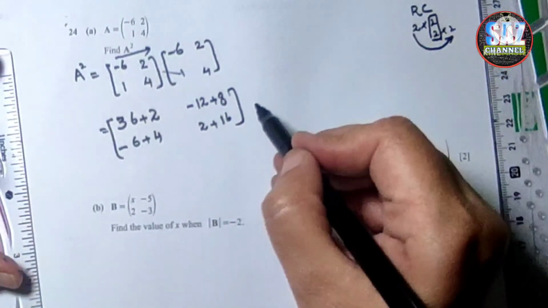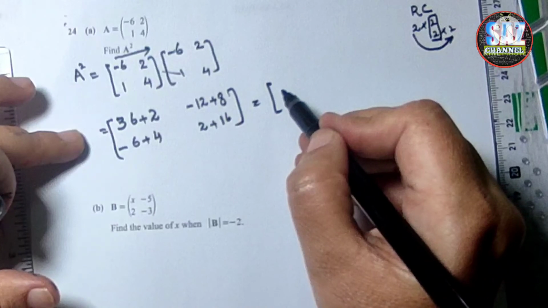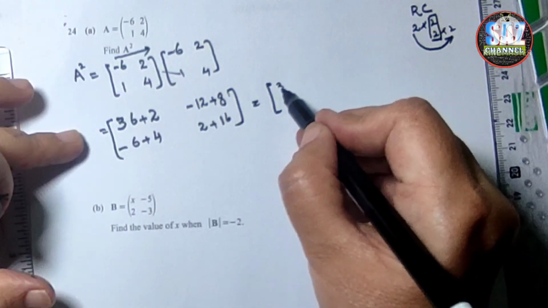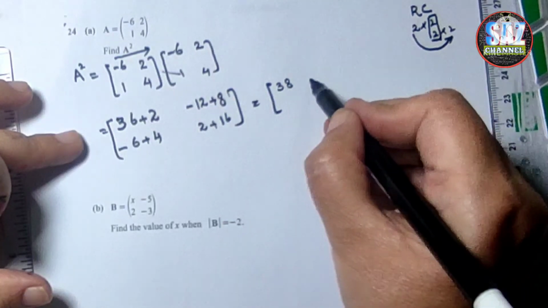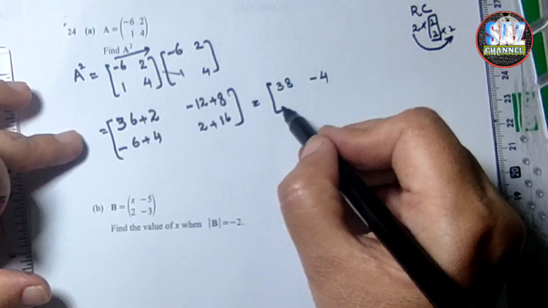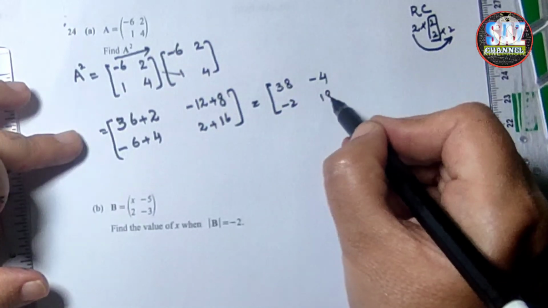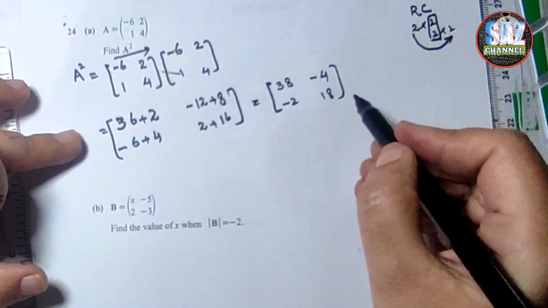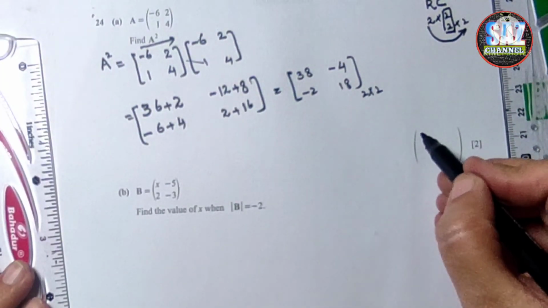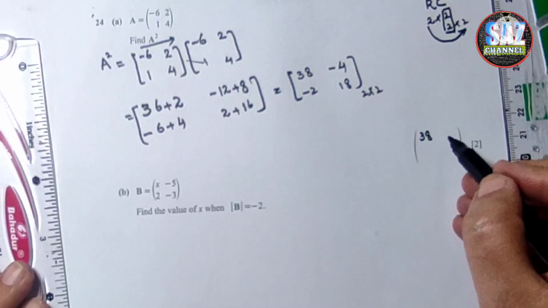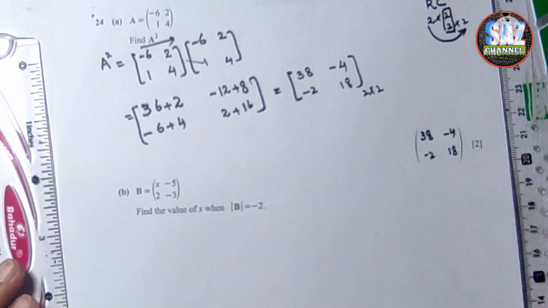Now it's the time to add up all entries. 36 plus 2 is 38, and minus 12 plus 8 is minus 4, minus 6 plus 4 is minus 2, and 16 plus 2 is 18, and the answer is of order 2 by 2. It's time to fill up the answer space. 38, minus 4, minus 2 and 18.